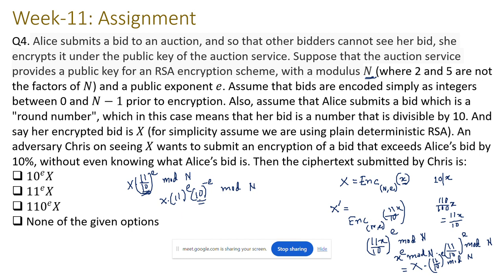And because the inverse of 10 exists, 10 to the power minus e can be computed. So it is of course a valid value and it can be computed from the value of X, and that will be the value of the modified ciphertext, right? So none of the options are actually correct here, you can see. So is this clear?